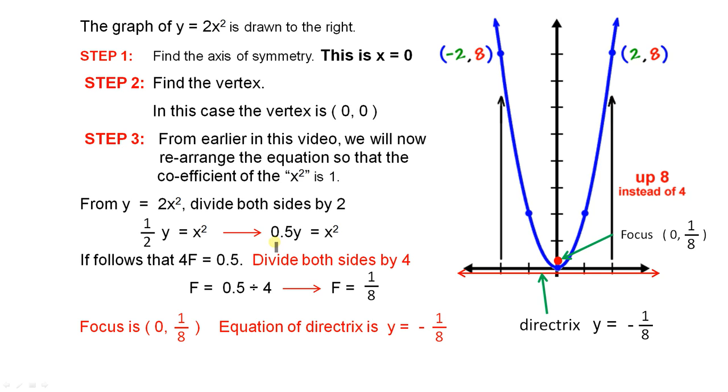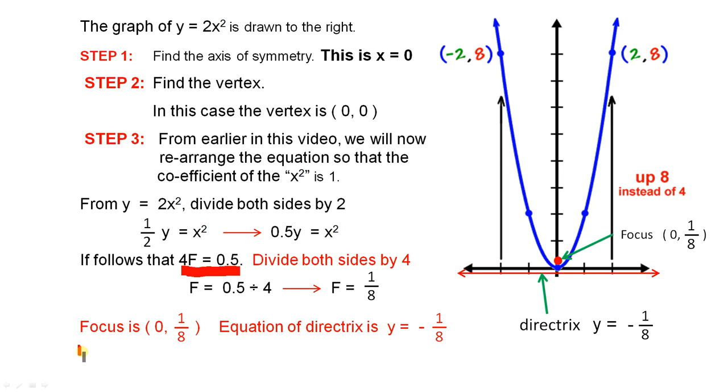So it follows that 4f equals 0.5, because remember, 4f is the coefficient of y. Divide both sides by 4, so f equals 0.5 divided by 4, so f equals 1 over 8.